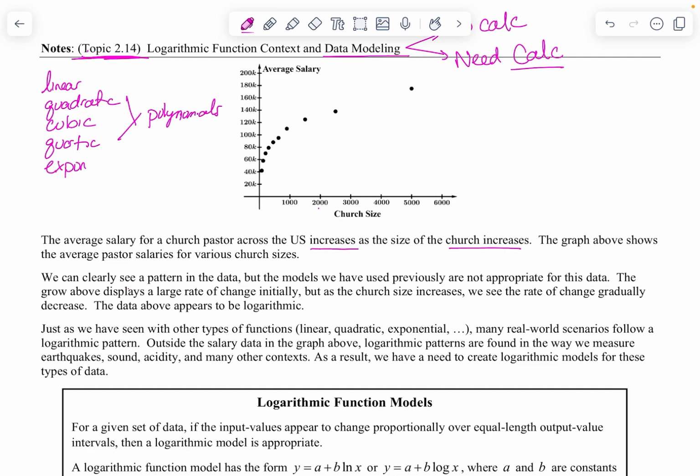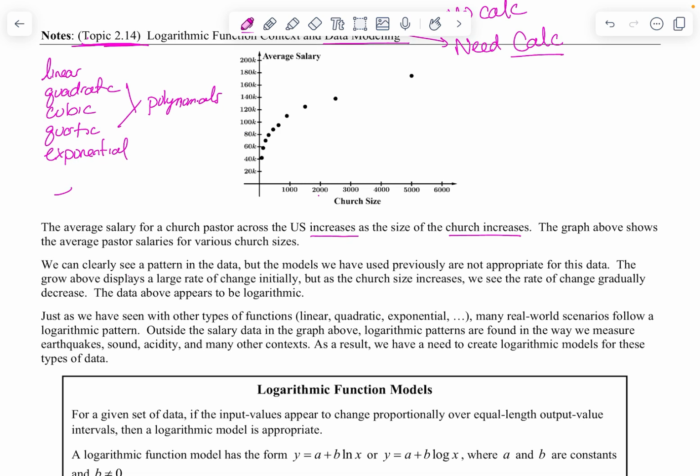We've done exponential. I think we've done rational. None of these work for this model. It doesn't look like a line, it doesn't look like a quadratic, cubic, and so on.